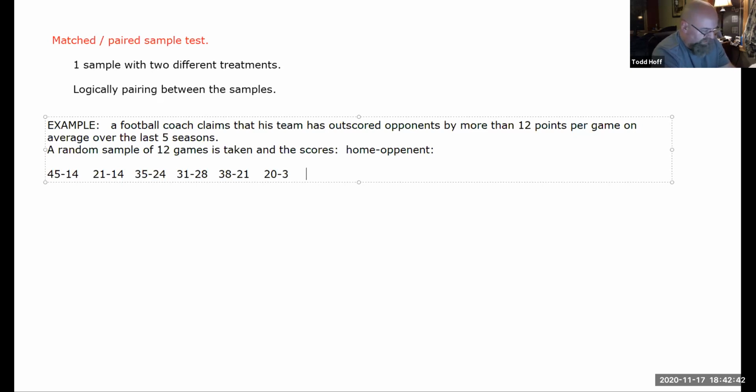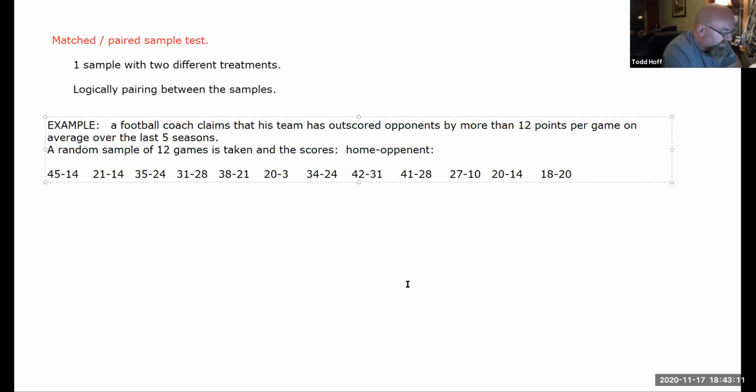Game 7 was a win, 34-24. Next was 42-31. Next was 41-28. Next game was 27-10. Then we had 20-14, and the last game selected was actually a loss, 18-20.